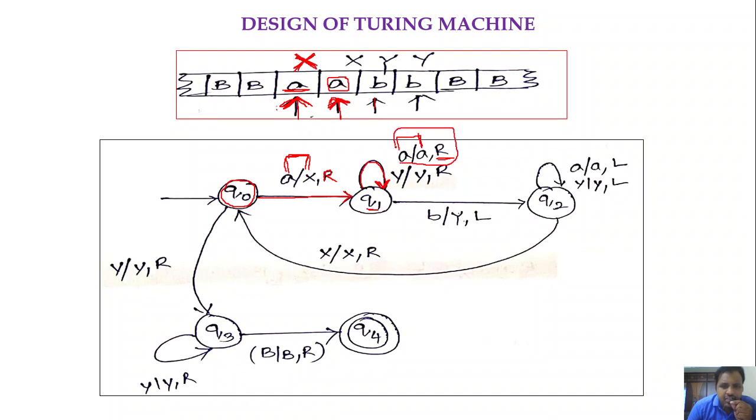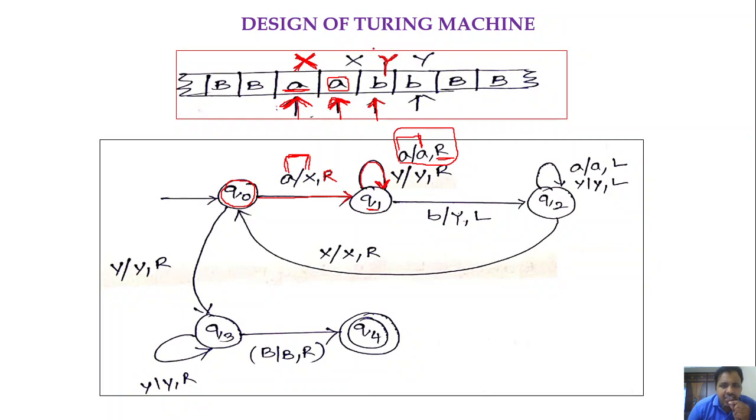Next, if we get a B, so the head is pointing to B. Now in Q1, if we get B, it means we found the desired symbol B, so we replace that B with Y and move the head towards left. Why?